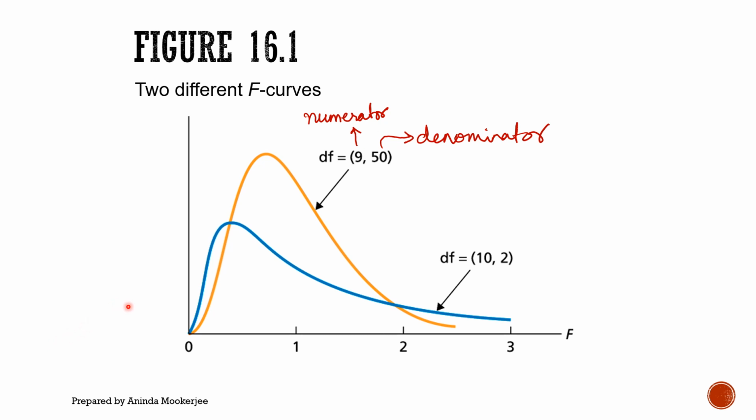They start from 0, and then the F values keep increasing, and the tails of these curves get as close as possible to the horizontal axis, but they will never cross or touch it.